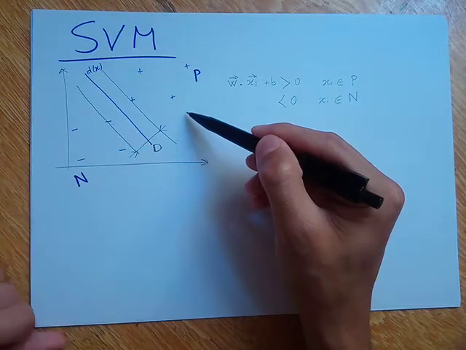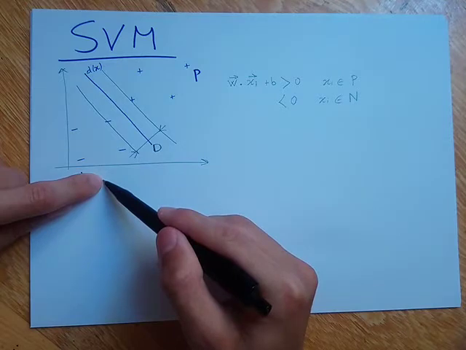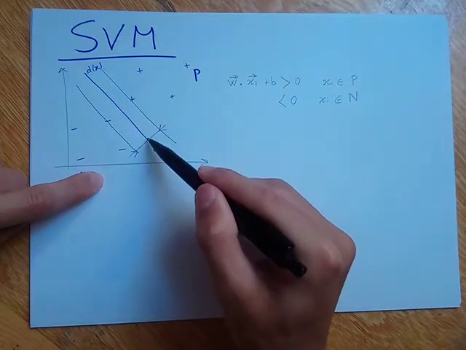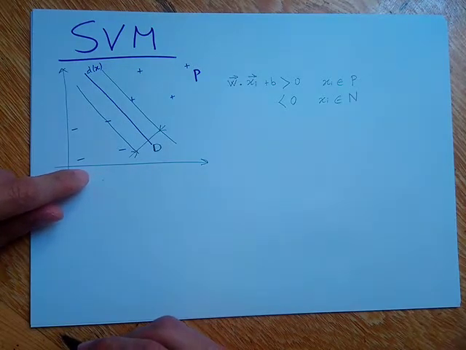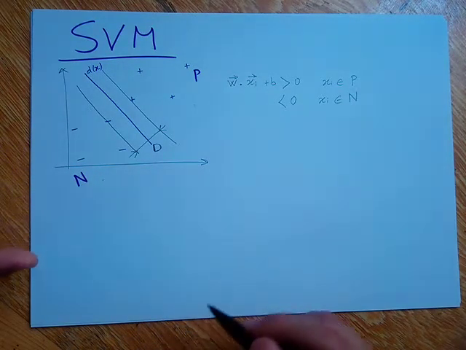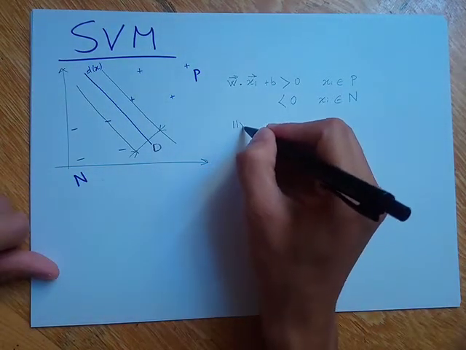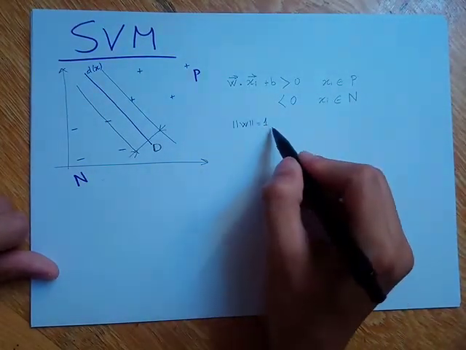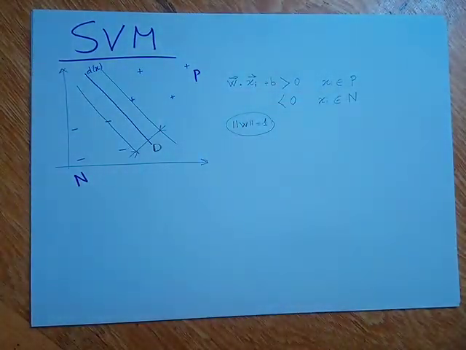Similarly, if I have a point on this side, I will get a negative value, but the absolute value of this negative value is a measure of distance between this point and the decision boundary. Now, why am I talking about the measure, why am I not saying it's exactly the distance? Well, it's exactly the distance only if the magnitude of w is equal to 1, right? So if this is true, then this thing here represents the distance.